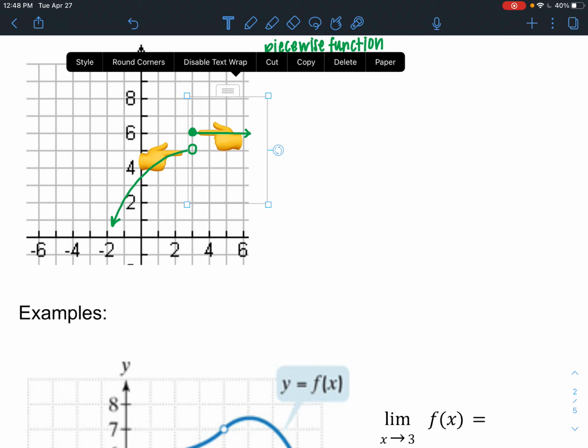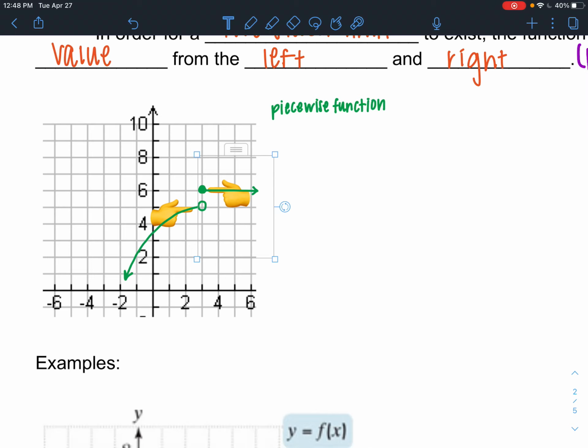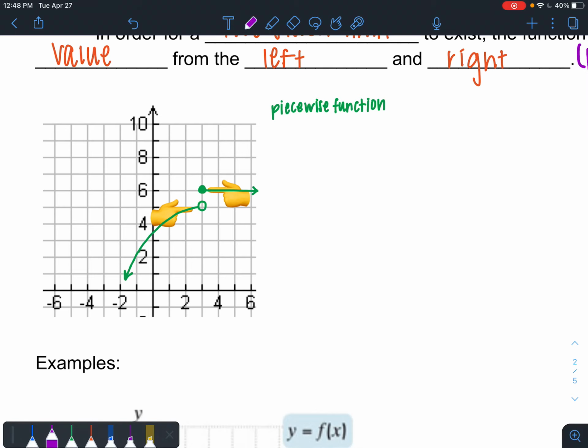So it's kind of underneath there, but you can see that those fingers are going to move past each other and they're never going to touch. And so because of that, the limit as x approaches 3 of this function that I made up, f of x, is not going to exist.